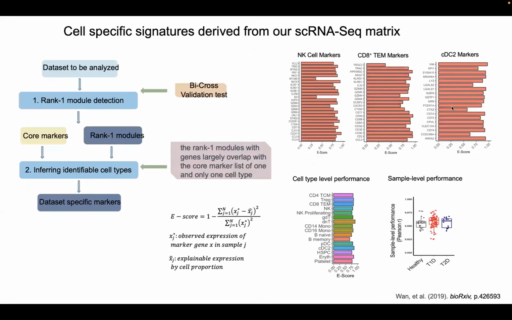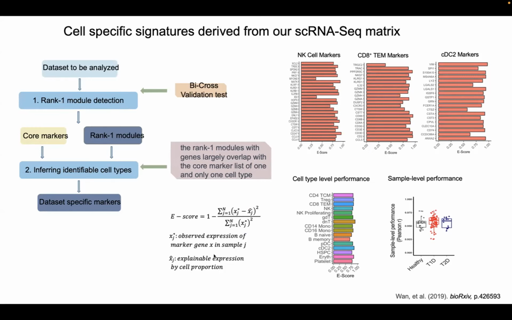We utilize the ICTD, with its cross validation tester algorithm, to derive the signature. Generally, we first detect the rank 1 module and then consolidate it with the co-marker database to come out with the final data set specific markers.